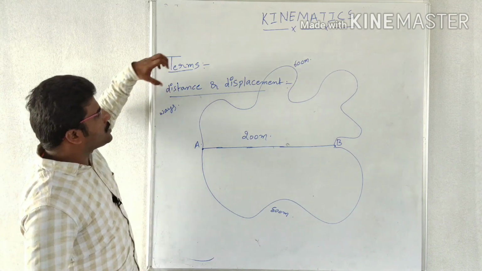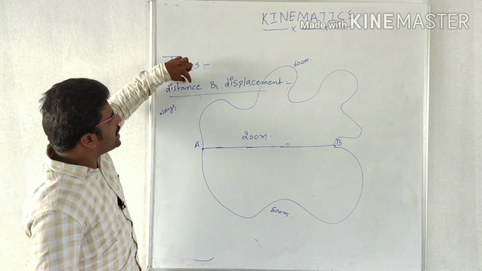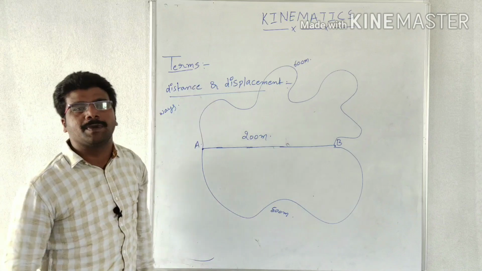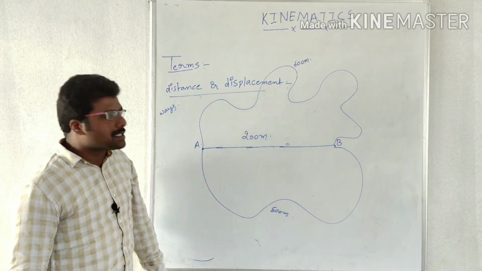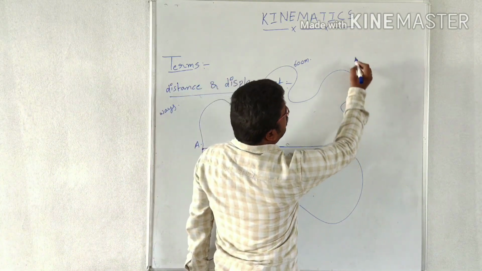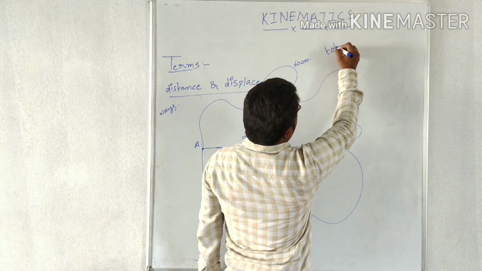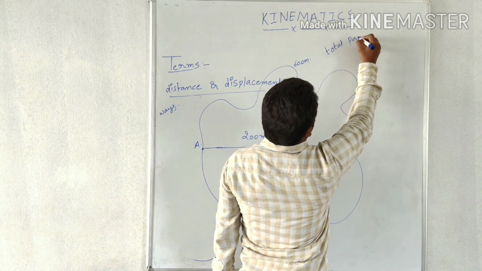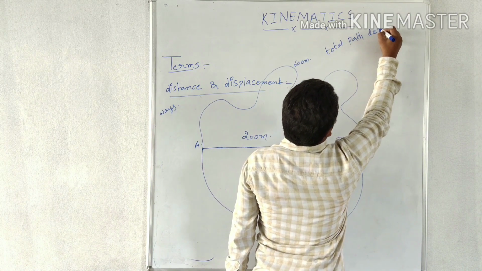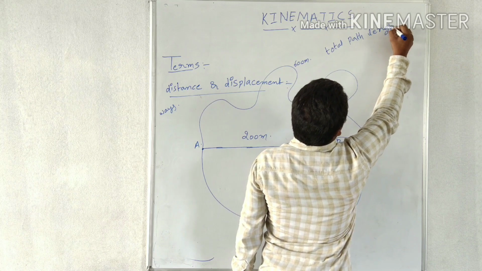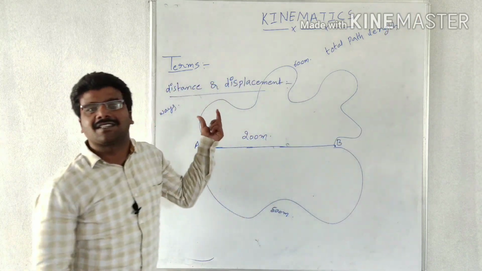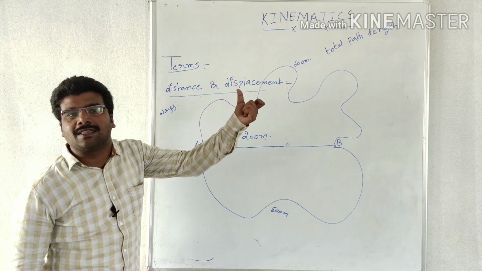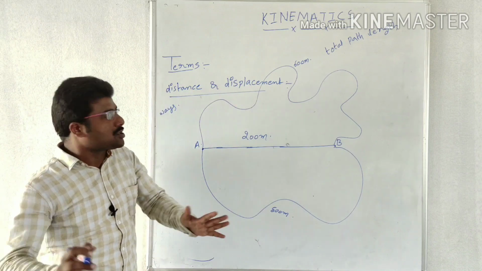Now, we are going to see the difference between distance and displacement. Here, distance means the total, no doubt, total path length. That is distance. What is the total path length?